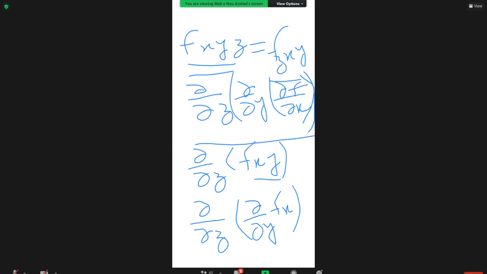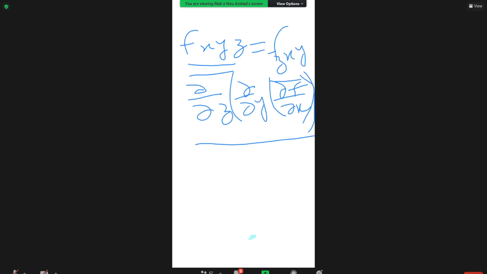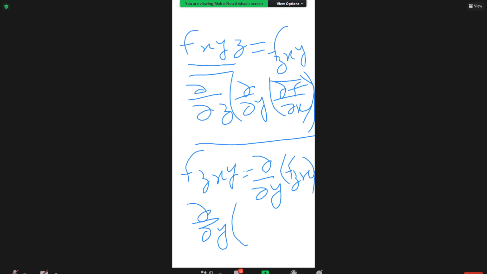In the same line, students, you will have to do the right-hand side. How can I write f_zxy? I will explore it like that. You have f_zx and y. You will have to calculate partial by partial y of f_zx, and partial by partial y of partial by partial x of partial f by partial z.